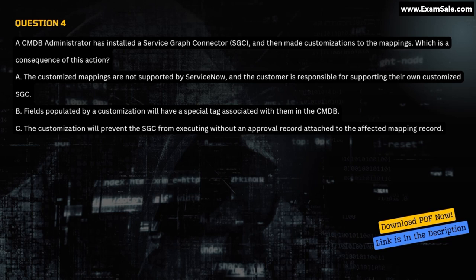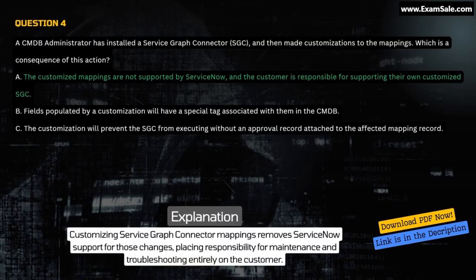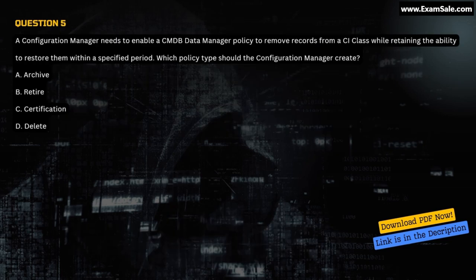C. The customization will prevent the SGC from executing without an approval record attached to the affected mapping record. Correct answer A. The customized mappings are not supported by ServiceNow, and the customer is responsible for supporting their own customized SGC. Explanation. Customizing Service Graph Connector mappings removes ServiceNow support for those changes, placing responsibility for maintenance and troubleshooting entirely on the customer.